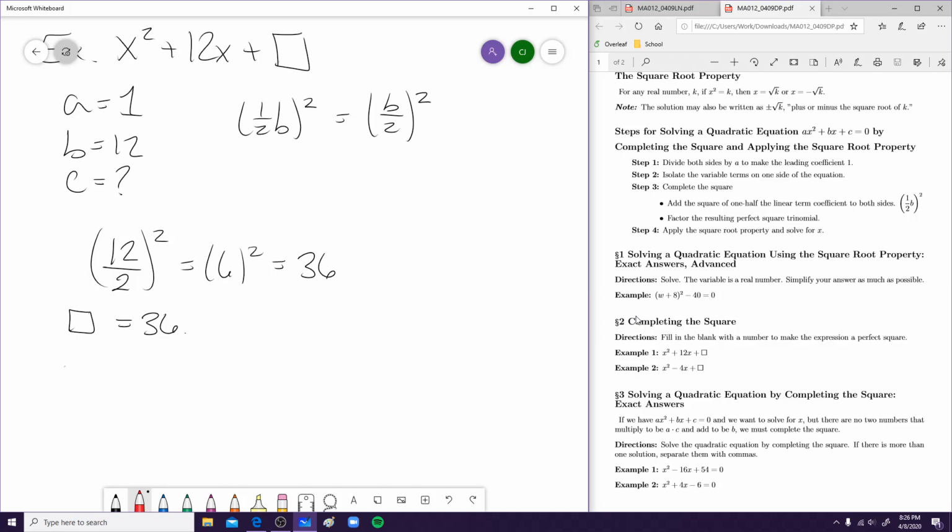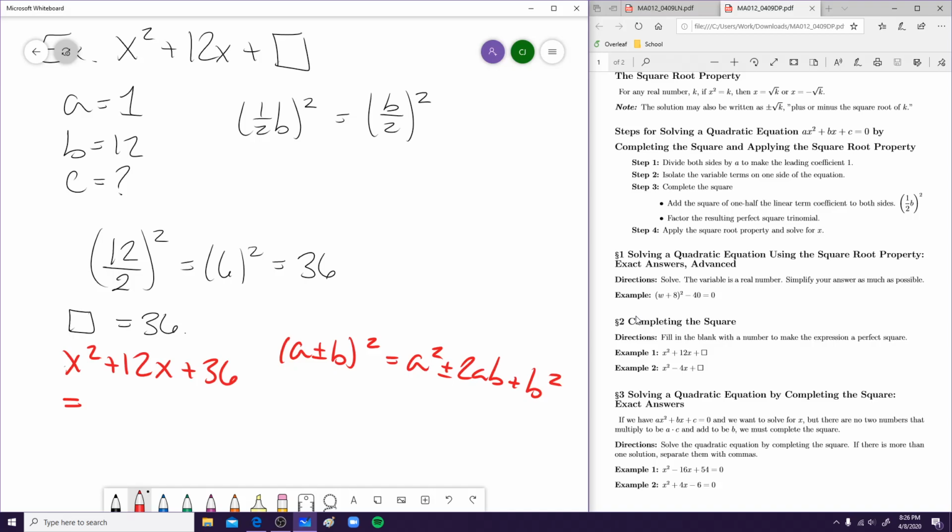So let's factor this. What two numbers multiply to be 36 and add to be 12? If we're thinking about the perfect square trinomial, it is a plus or minus b quantity squared, and that is equal to a squared plus or minus 2ab plus b squared. This should always happen.